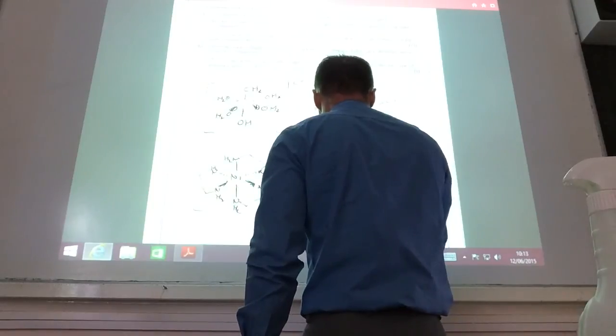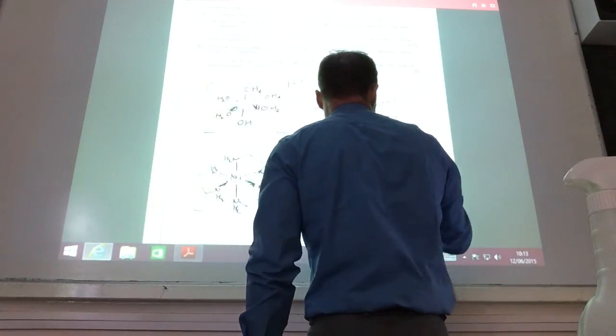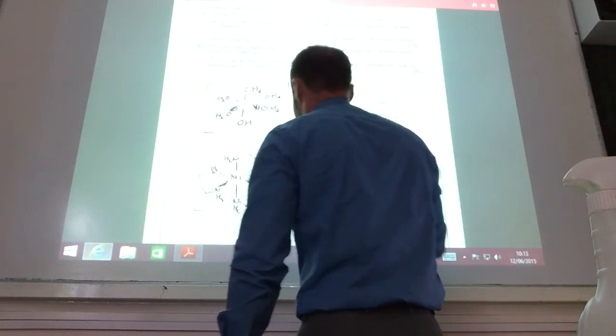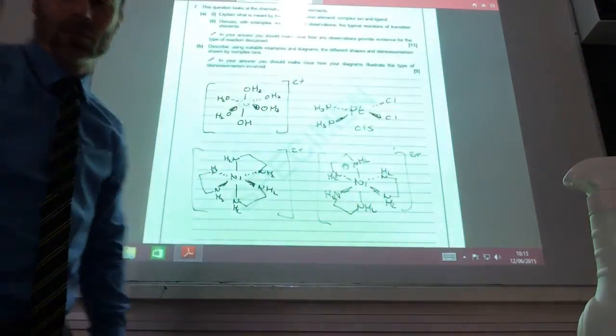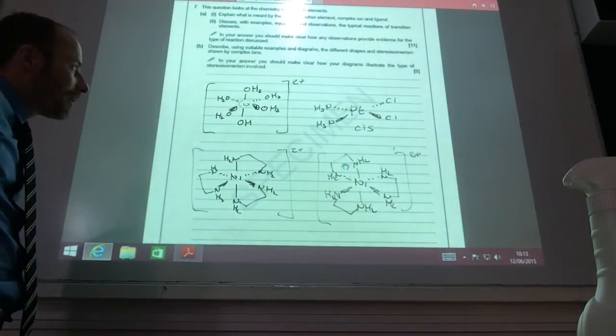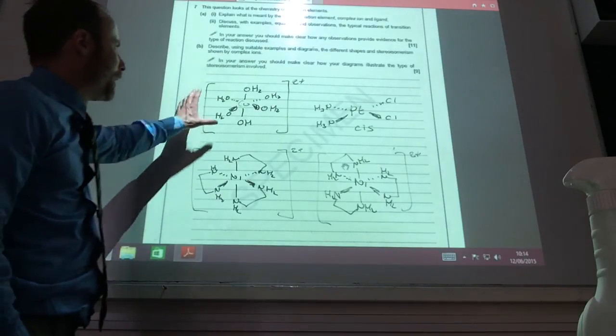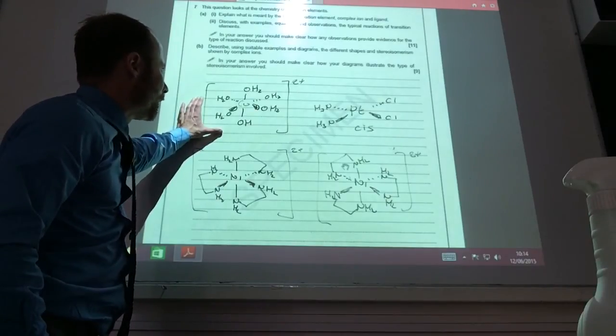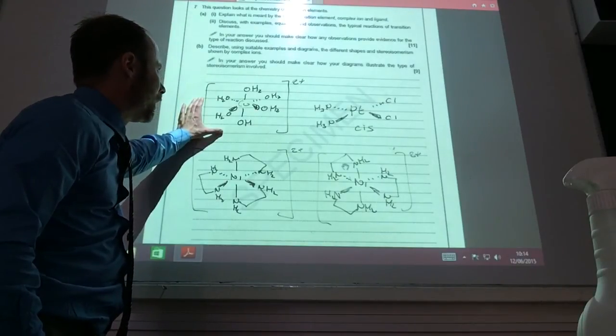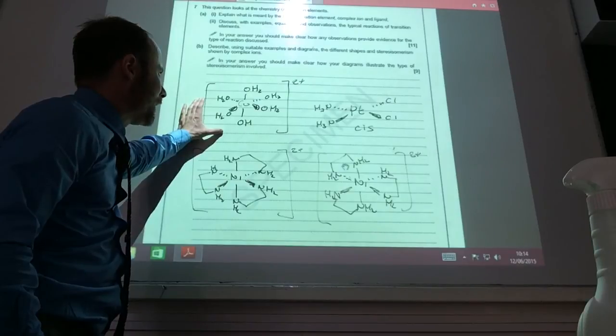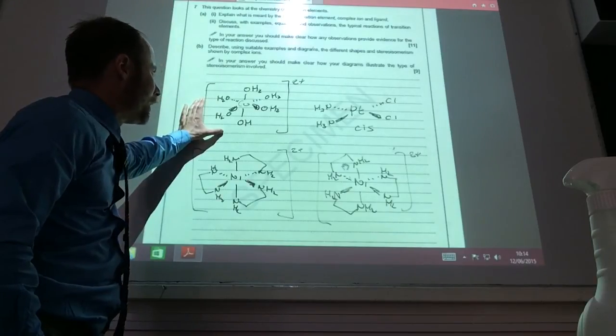And of course, these are your 2 optical isomers. Clearly, you can give other examples, so you could also give examples of cis-trans isomerism for monodentate ligands in octahedral systems as well.